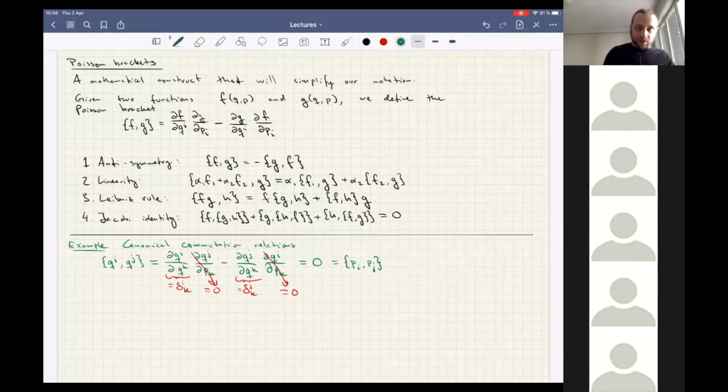However, what is interesting is to look at the commutator of qi with pj.